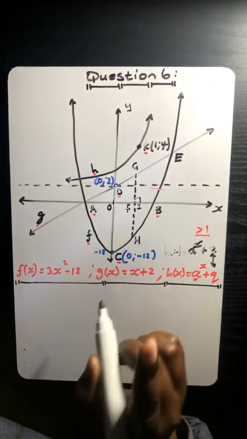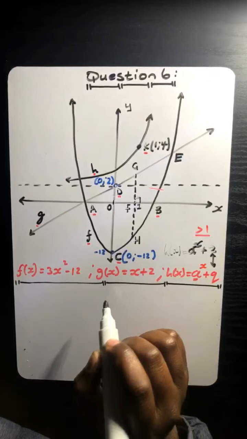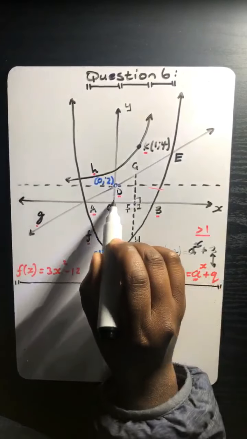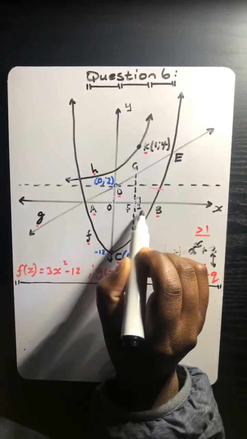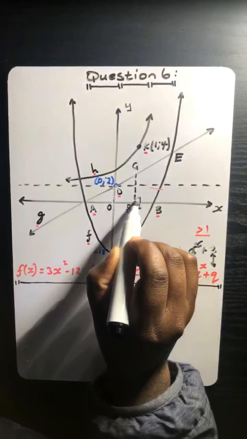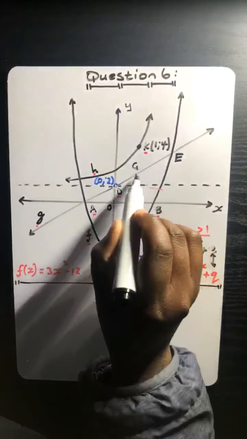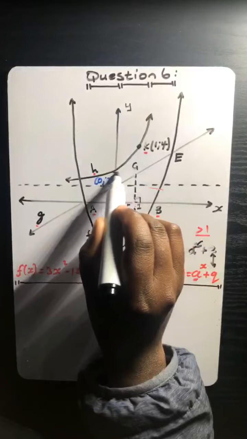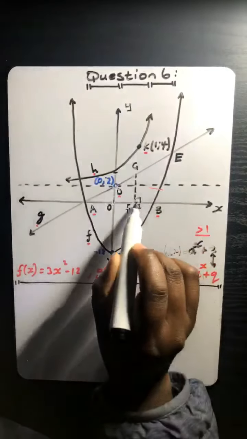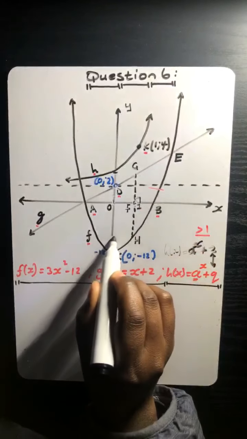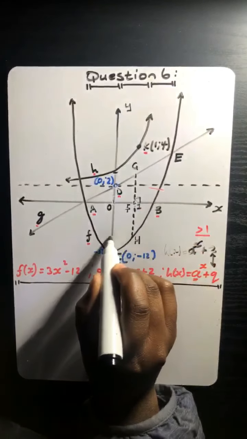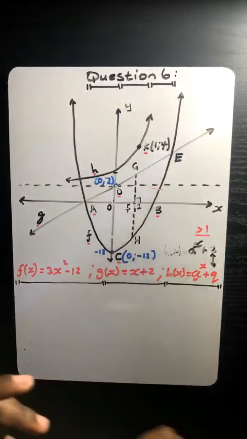So with this type of questions, guys, it's more like we know from there to there, it's actually 1. But now, from there up to there, do we know what that length is?